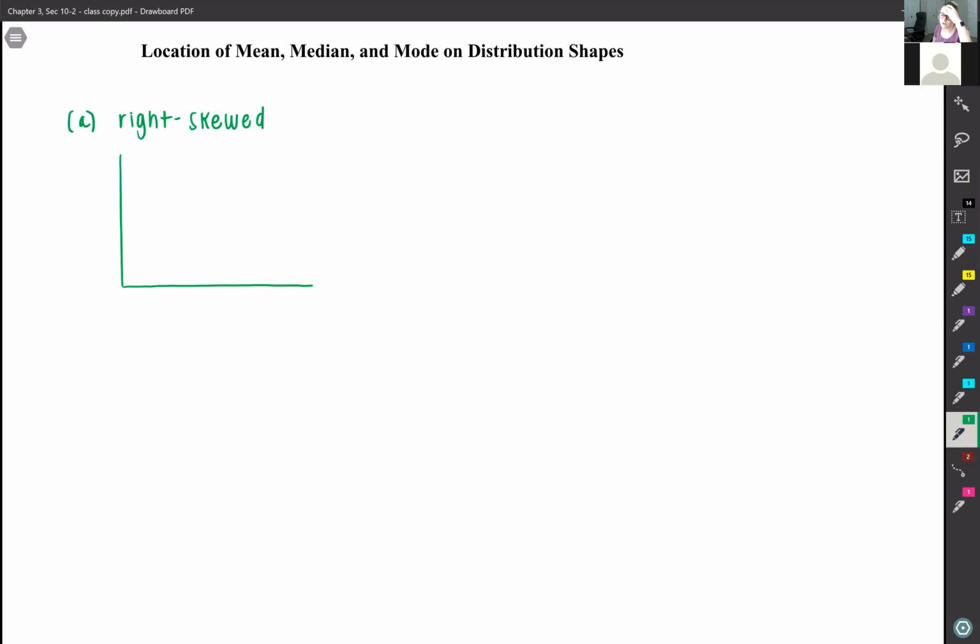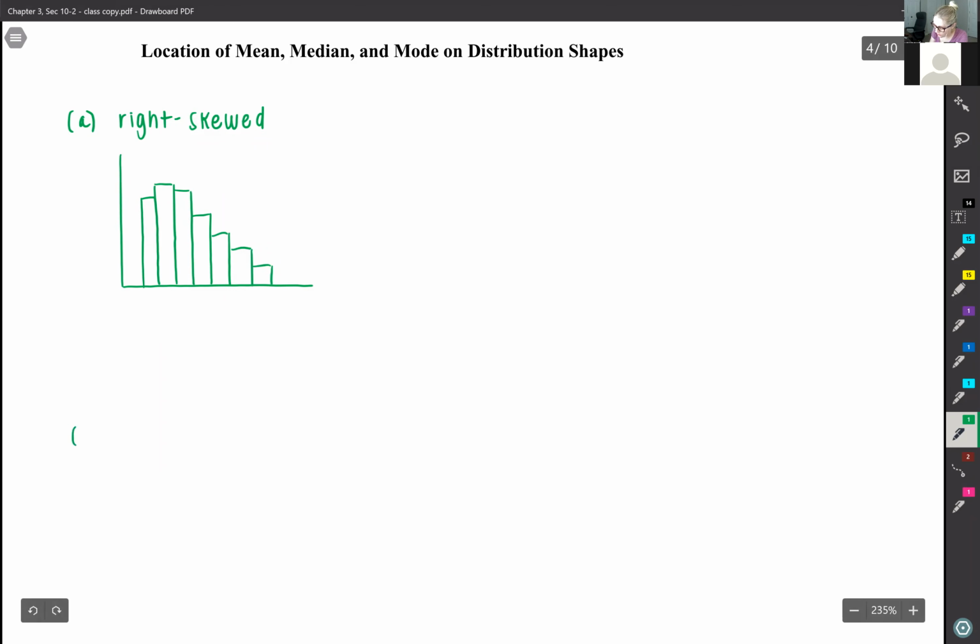So it kind of like disperses out to the right. So I'm just going to draw a basic right skewed distribution. You can see the tail goes off to the right. I'm going to draw them all, and then I'll go in and label the mean, median, and mode.